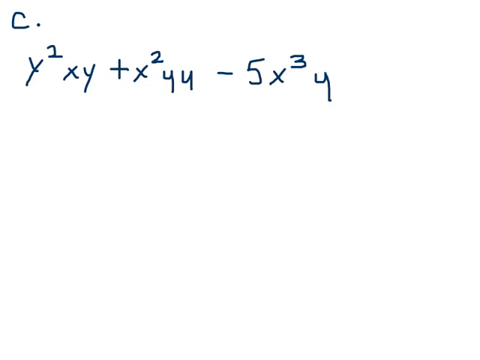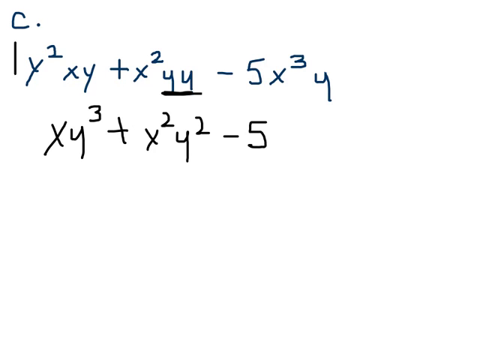In C, let's put a 1 here. 1 y squared xy. Well, actually y squared in y is y to the third. So I have x, y to the third plus x squared y squared minus 5x to the third y.